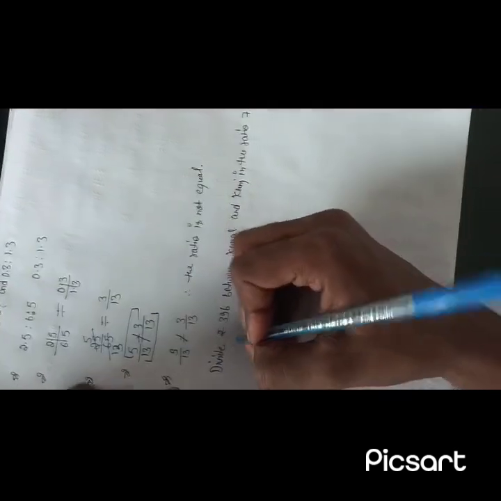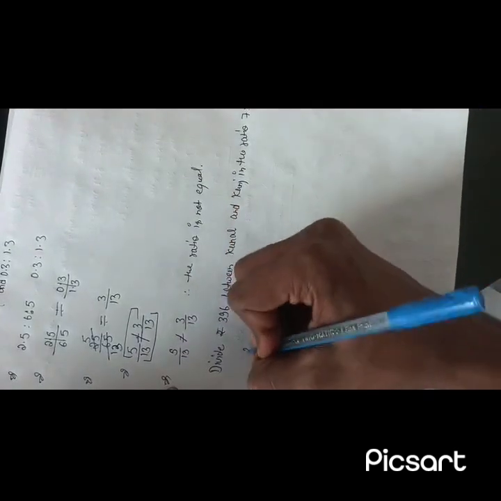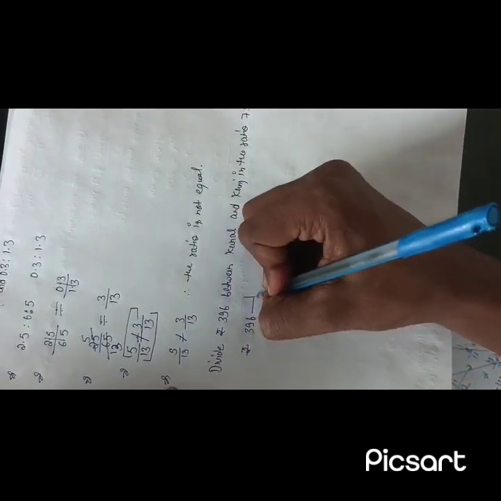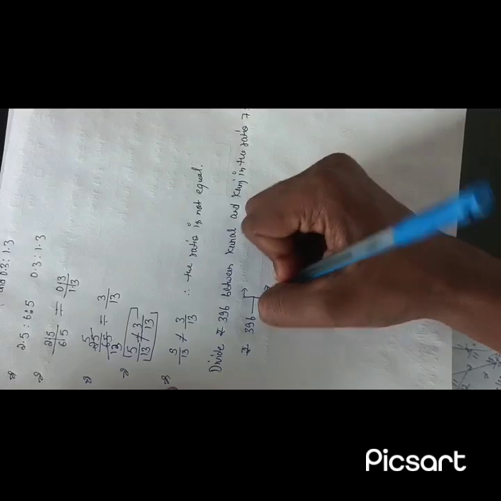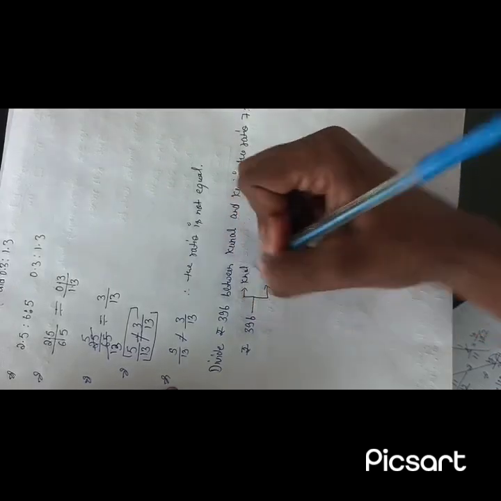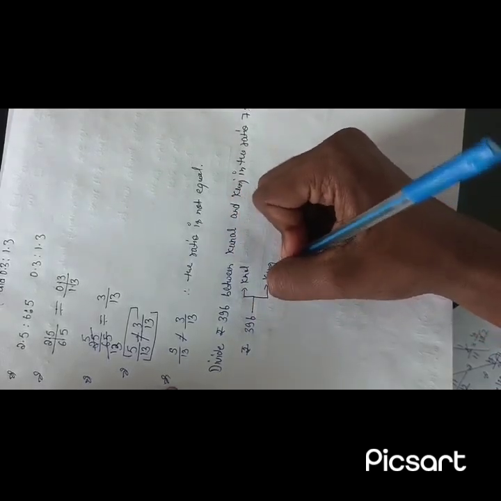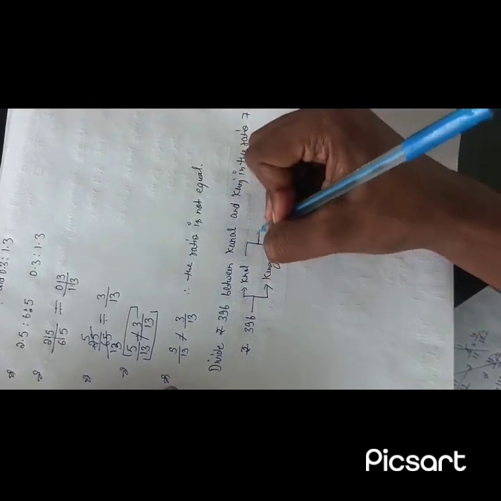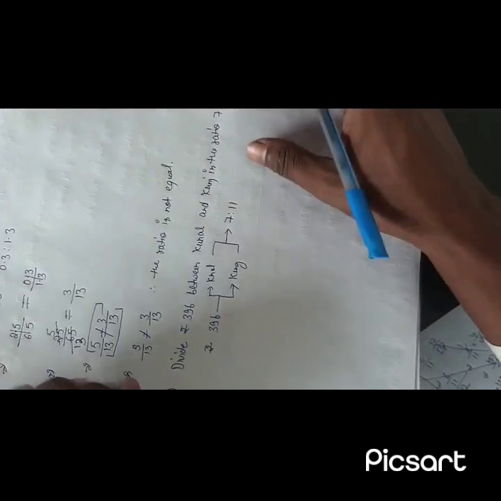Now it is told that we have to divide rupees 396 so that the money which Kunal and Kunj are getting should be in the ratio 7 is to 11. So now this is not a very difficult question.